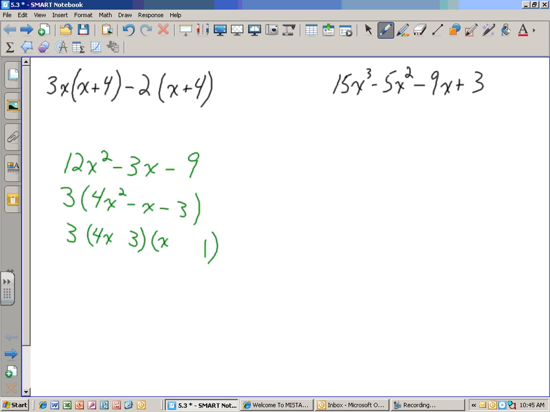We think it's going to be 4x and 1x, because if you look at the two outside terms and the inside terms, 4x and 3x, I can get this middle term, the negative 1x. I know the signs are going to be different because we have a negative 3. So 4x times negative 1 is negative 4x, plus 3x will give me the negative x. Okay, so that's completely factored.